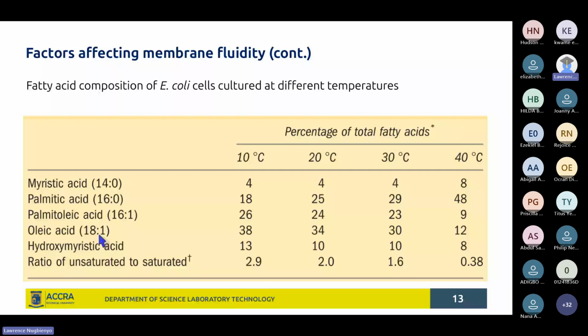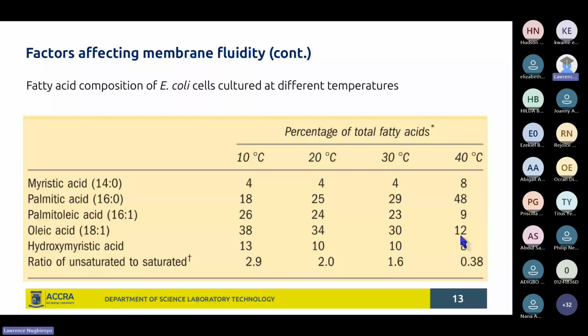You just want to see how the trend looks. At 10 degrees Celsius, you have more of it, and you see it keeps decreasing when the temperature increases. At 20 degrees, it became 34%. At 30 degrees, it became 30%. And at 40 degrees, it reduces much more significantly to 12%.